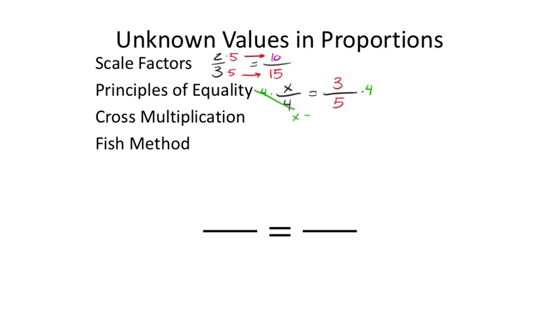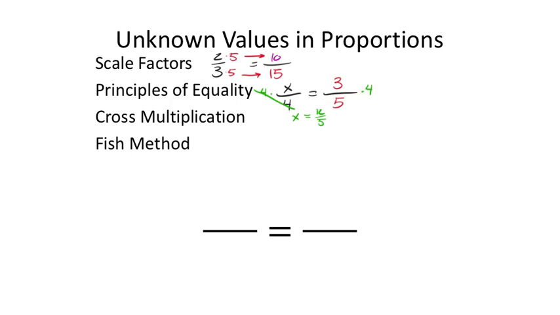Well, what the heck? x would be 12 over 5. Don't worry about how we get that, but you would just put 3/5 times 4 in the calculator, and it would give you 12 over 5, and that's fine. My point here is that you can use principles of equality. If you do something to one side, you just must do it to the other side. That's it.